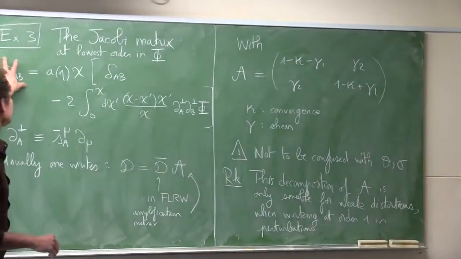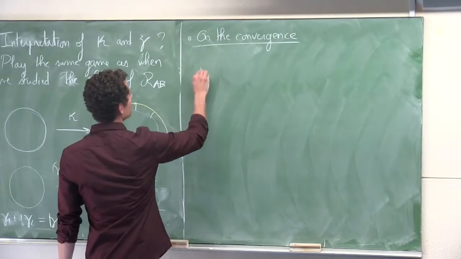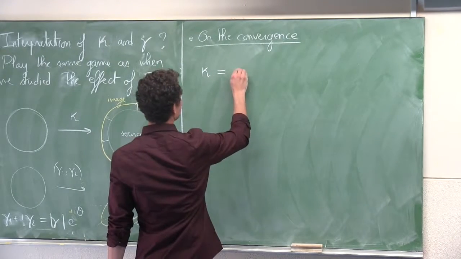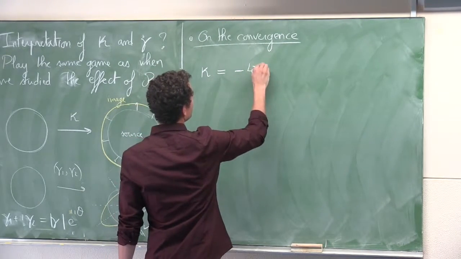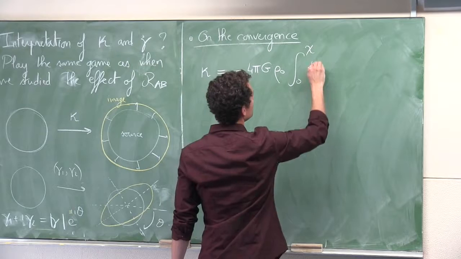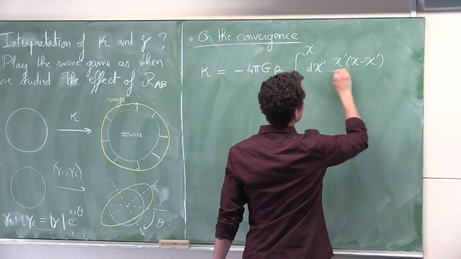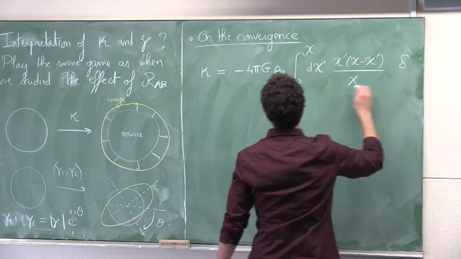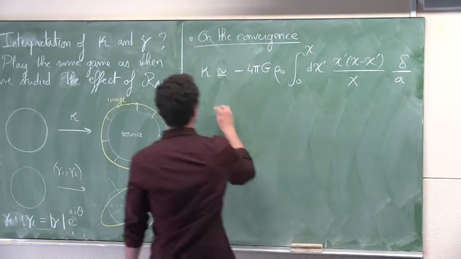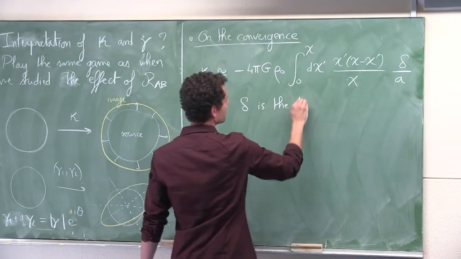So by taking the trace of this expression, you can get the expression of kappa. And what you show, therefore, is that kappa reads the following thing, in a good approximation, where delta is the density contrast.